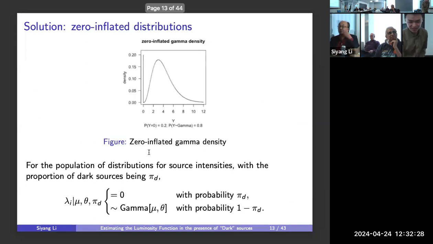So the statistical solution is simply to use zero-inflated distributions for the population distributions on the source intensity parameters. For example, here is a demonstration of a zero-inflated gamma distribution, where there is a strictly positive probability for this random variable to be zero. This allows us to retain the possibility that the source intensity parameter for a particular source region is just zero.